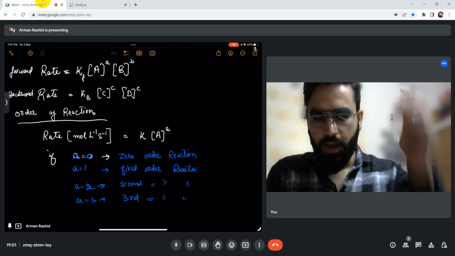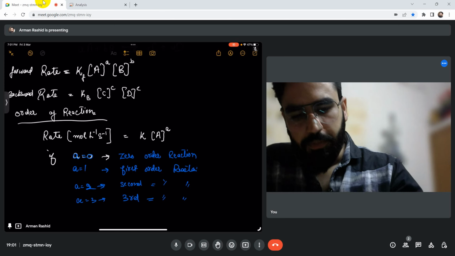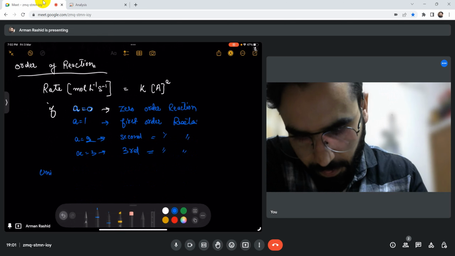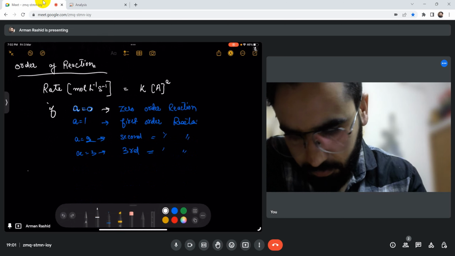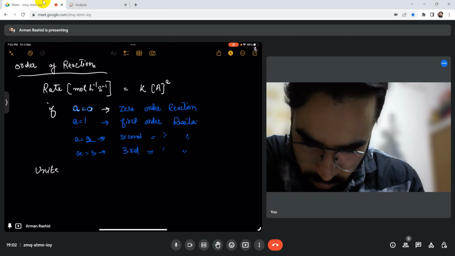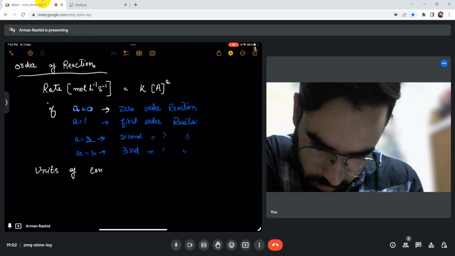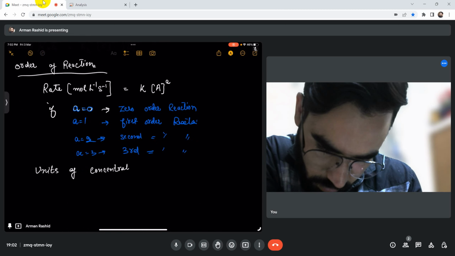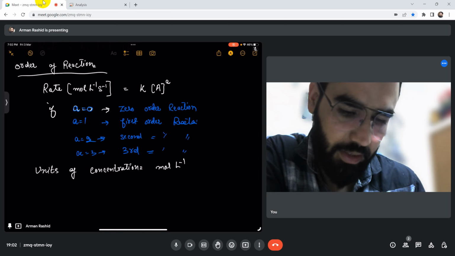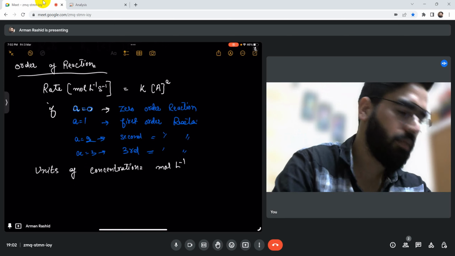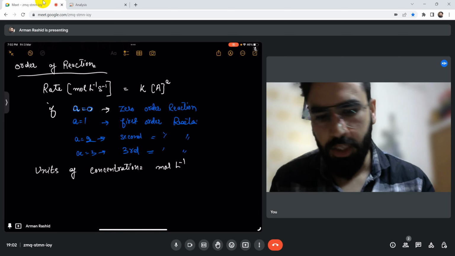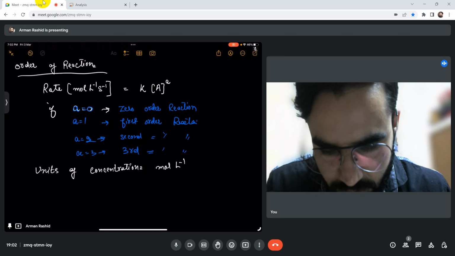Now we have to find the units. We know the units of concentration are mole per liter. For reactions with different orders, the rate constant will have different units.